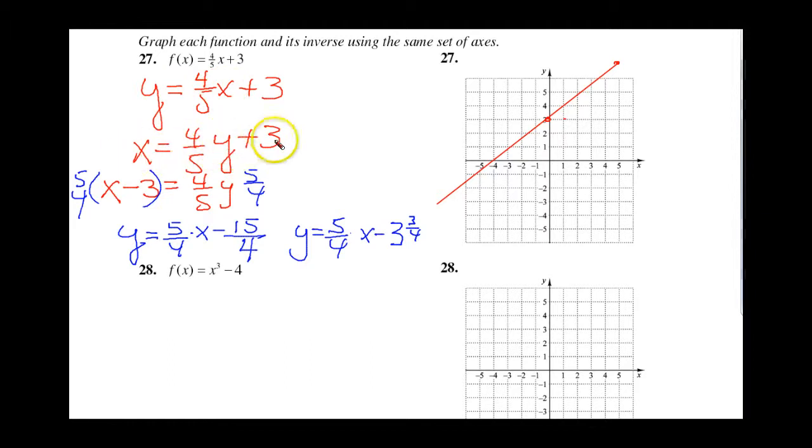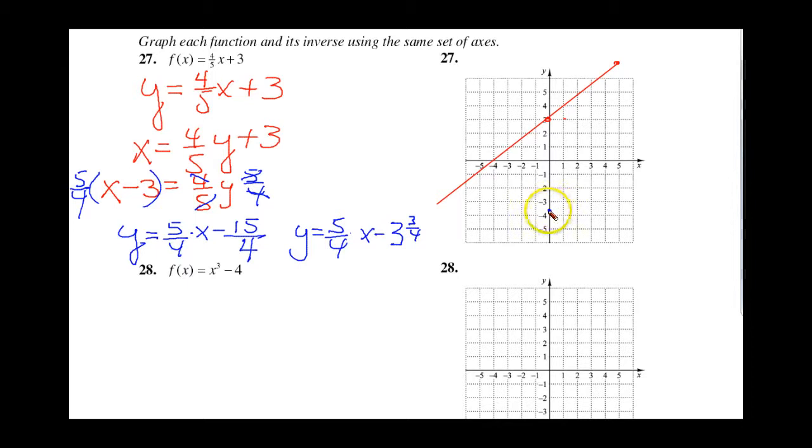We now solve for y, bring the 3 over, it becomes a negative 3. Multiply both sides by the reciprocal, which is 5/4. This then becomes 5/4 x minus 15/4, which is 3 3/4. So in plotting this, we go 3 3/4, which is right about there.